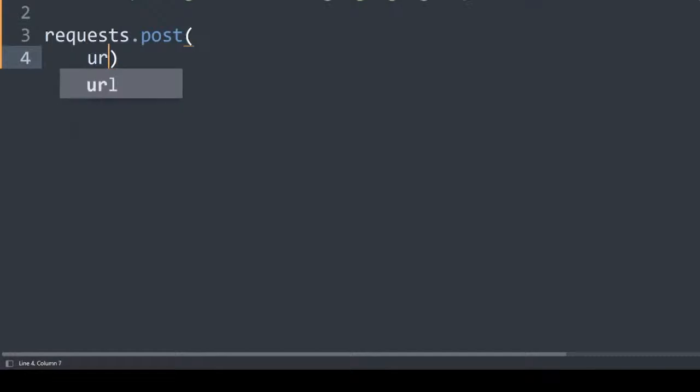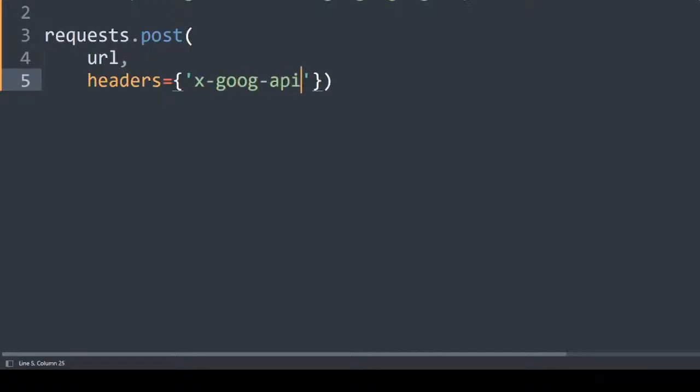Just give the URL and mention the headers in these curly braces. We have to say only the API key. If you follow other videos, there will be too much in the code, and we are taking only the required stuff. So here I think we are done.